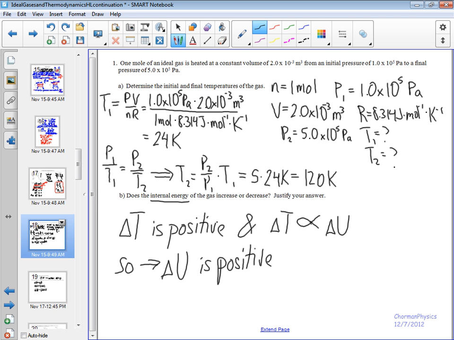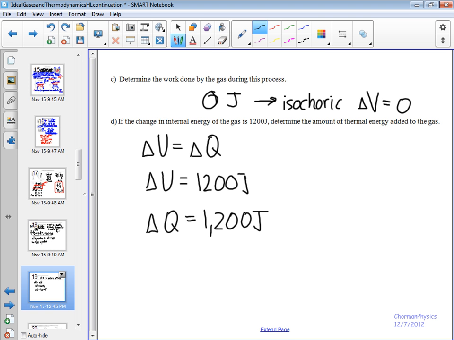And then you can use the pressure law to solve for the final temperature if you wanted to do it that way. And so the question is, does the internal energy increase or decrease? Well, since delta T is positive, delta U must also be positive, so the internal energy of the gas must increase. You can just think of that in terms of the kinetic energy of the system increasing when this happens.